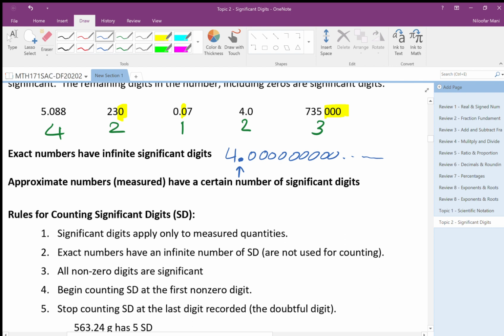I don't need to mention them if they are not important for me. When I mention them, they are important for me. So if I have exact numbers and I am sure that's exactly 4, I can put a decimal and an infinite number of zeros, and then I can say infinite significant digits.